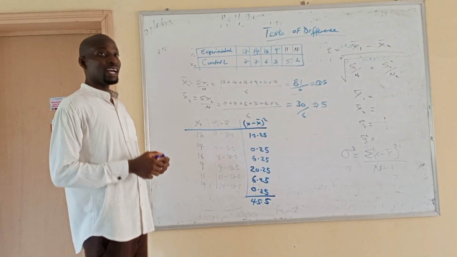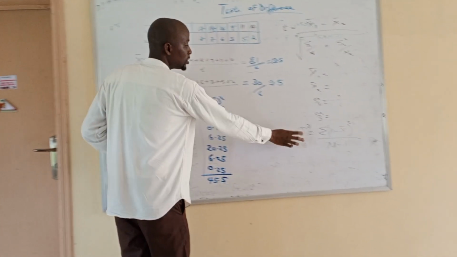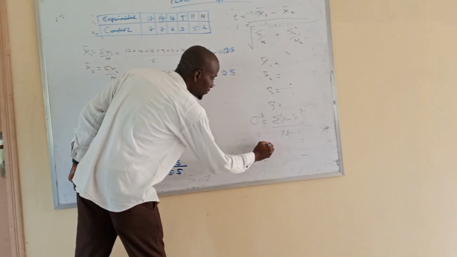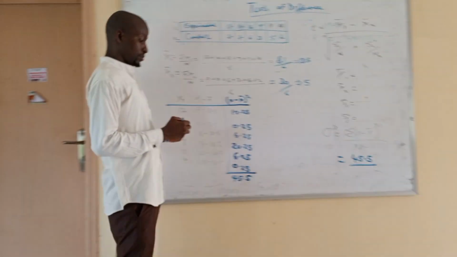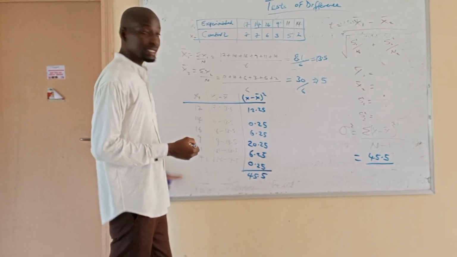And this 45.5, it shows that even in the standard deviation, you already have 45.5. And your n is what? Your n is 6.